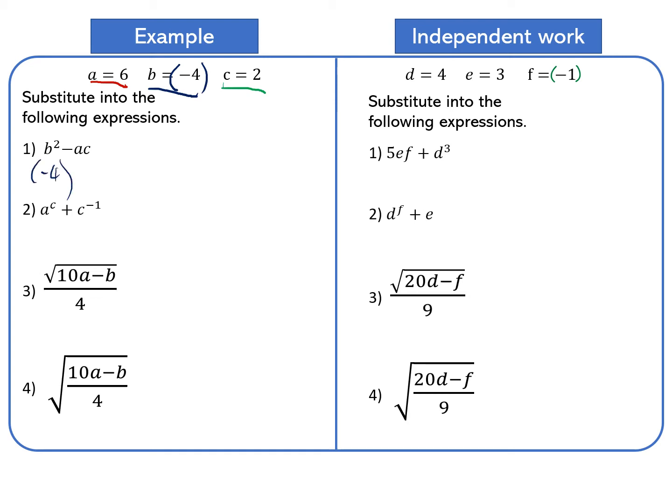Minus 4 squared minus AC, that means A times C, so I've got 6 times C, which is 2. And I know that minus 4 squared is plus 16.